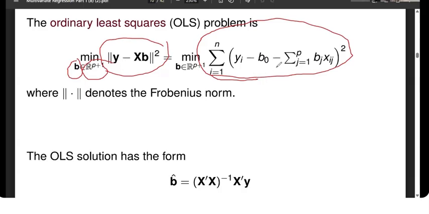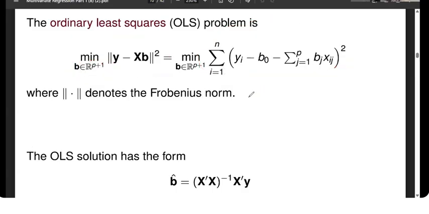Now I'm going to use an optimization technique. Let's say I call this guy L, then I'm going to take the derivative with respect to B naught, with respect to B1, with respect to B2, and so on.